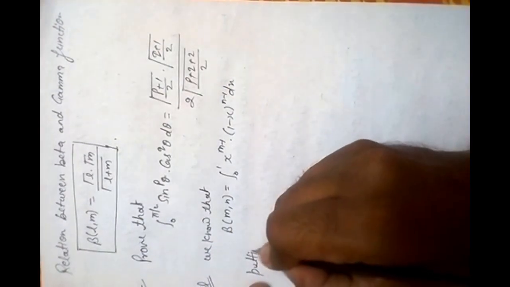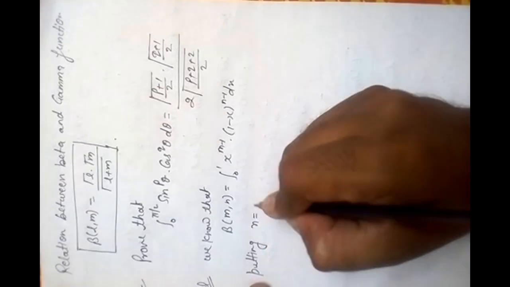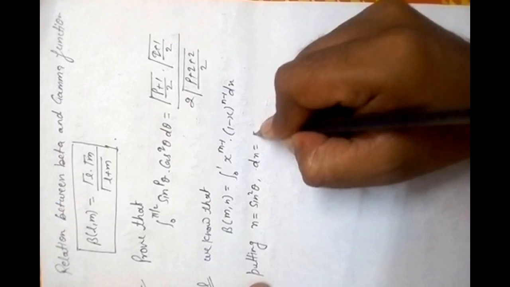Putting x is equal to sin square theta, so dx is equal to 2 sin theta cos theta d theta, and 1 minus x is equal to 1 minus sin square theta, which is equal to cos square theta. Okay, then equation 1.